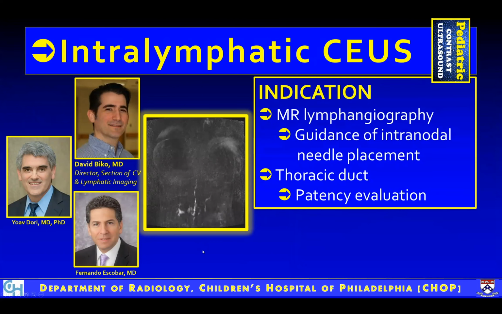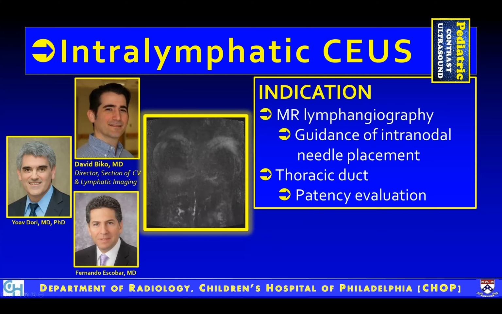Here, when we do the contrast injection for MR lymphangiography, we need to inject the inguinal lymph node. And what we did was go to the fluoroscopy room, inject that, and take the patient to the MR room. But the ultrasound allows you to guide the intranodal injection near the MR and avoid having to use fluoroscopy.